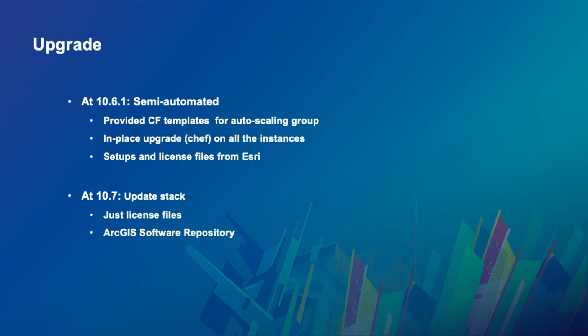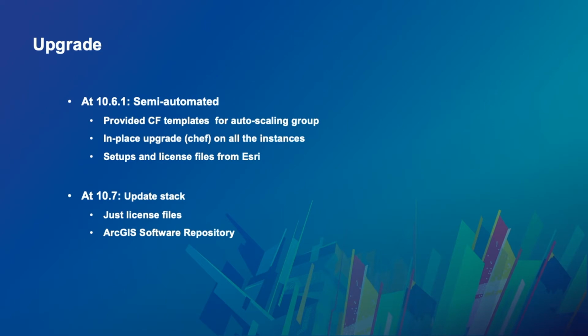Next thing is this: at 10.7, when we mentioned you only need a license file, you don't need a setup anymore. That's because we implemented the ArcGIS software repository, a central location for all the Esri software. Because you are on Amazon already and you have access to our public image, you already have deployment, we know that you have access to our setup as well.